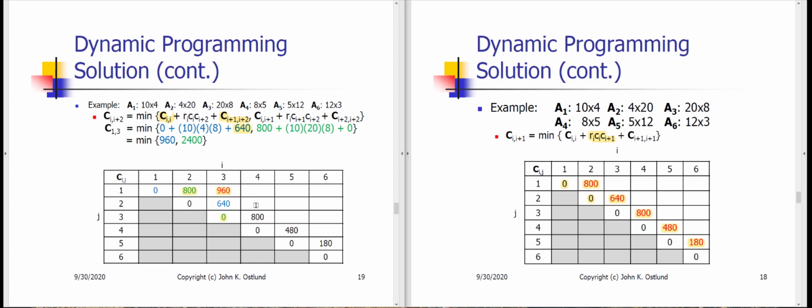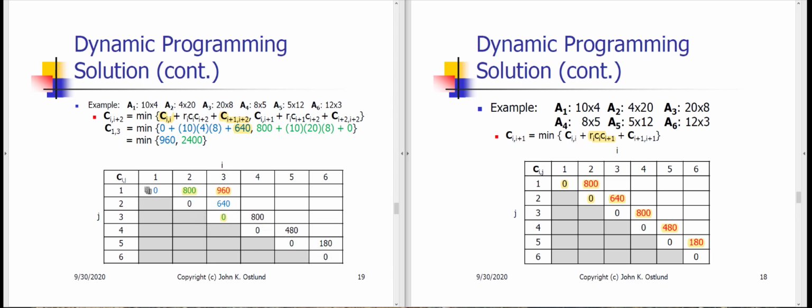Now, we go through that same computational rigmarole for C24, C35, C46, all right? So we need to fill in, whoops, didn't mean to highlight the 800. We need to fill in these other diagonal cells. Notice how we're filling this stuff in diagonally.